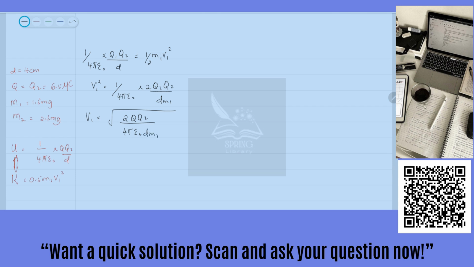Okay, so therefore if you solve for these, if you put down these values in the equation, all these values here, you'll have v1 equaling to around the square root of 1267500 square meter per second square. So you have 3,560 meters per second. Okay, that is the speed of the first particle, after a very long time.